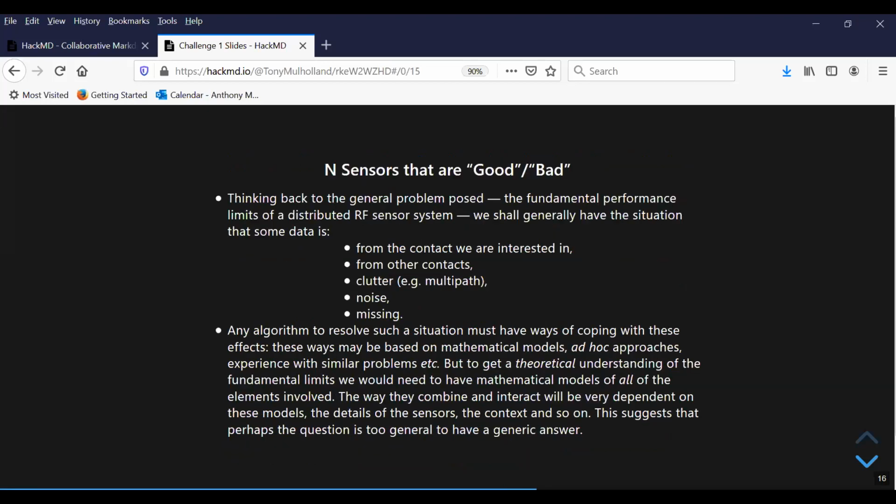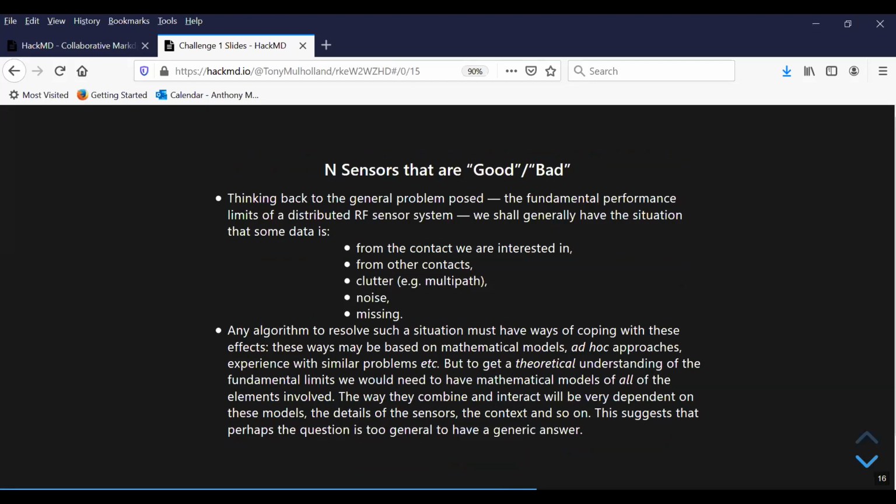So in thinking about the noise question, a sensor generally picks up things that might come under at least 5 categories, those listed here. There's data from the contact we're interested in, there's data from other contacts, there's clutter like multipath echoes of the contact we want, there's noise, and there's missing data.